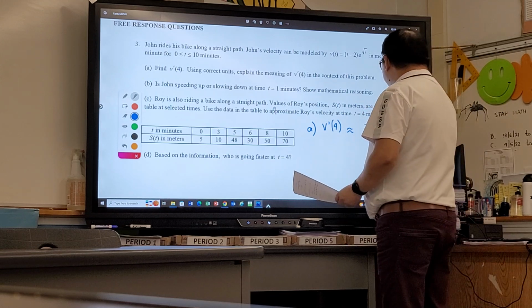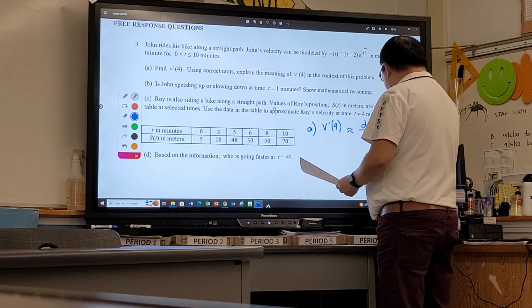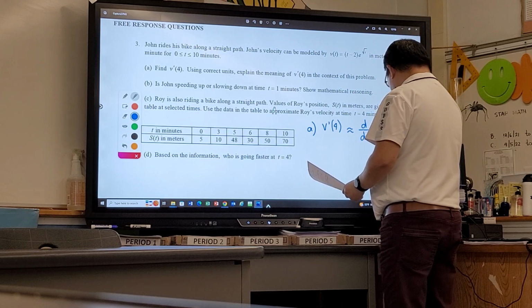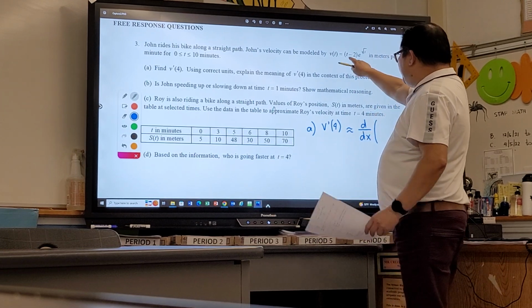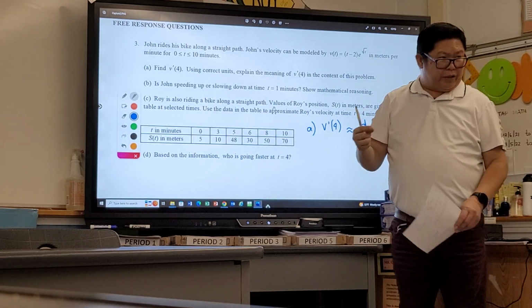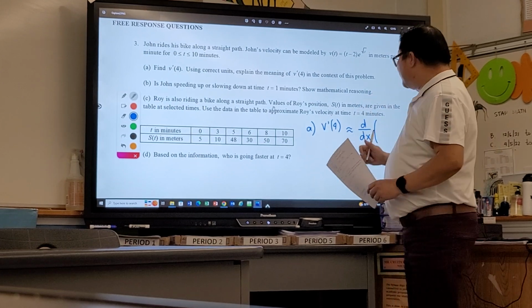So you're gonna have, and then change this t into x. Calculator doesn't have variable t, but instead just change that into x.